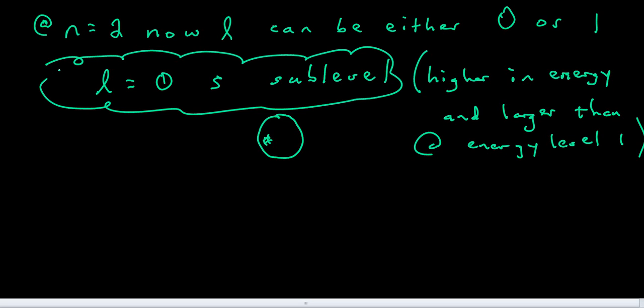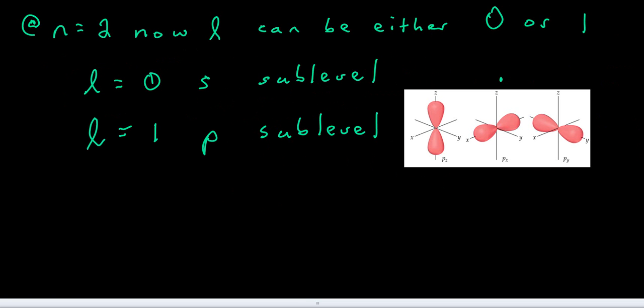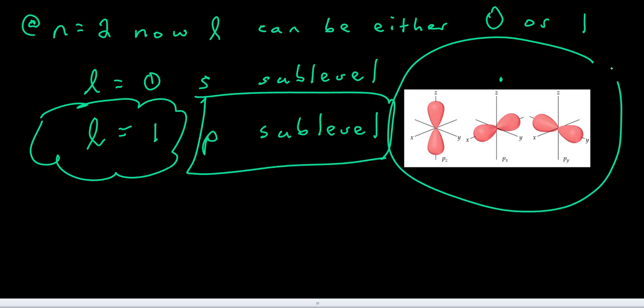The difference is now at energy level 2, we're at a higher energy, so the S sublevel is larger and at a higher energy than at level 1. The shape, however, is still the sphere shape for the S sublevel. When we move up to L equals 1, L equals 1 corresponds to the P sublevel, the familiar dumbbell or teardrop shaped sublevels that identify a different location for our electrons.